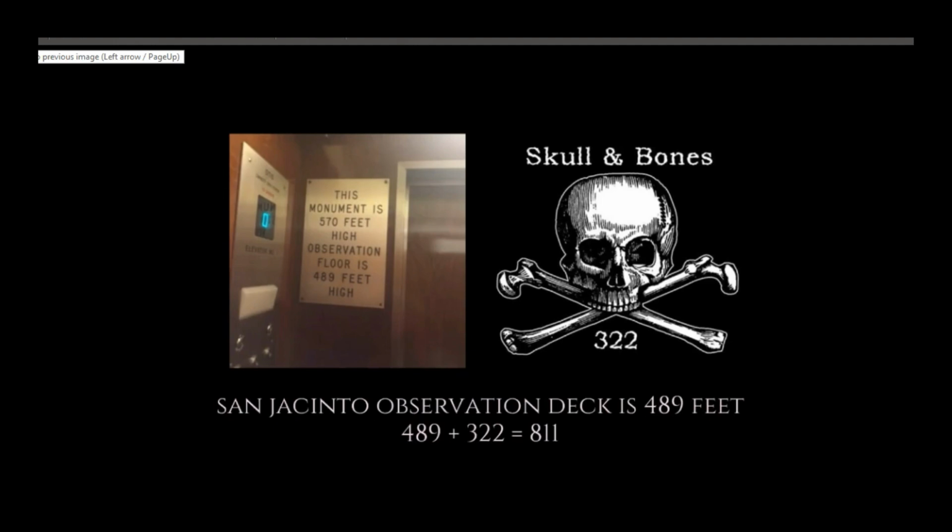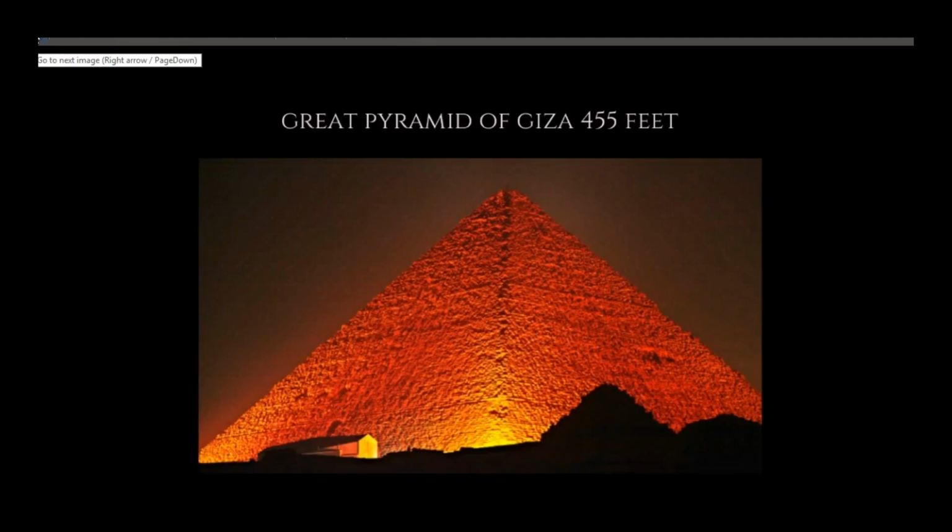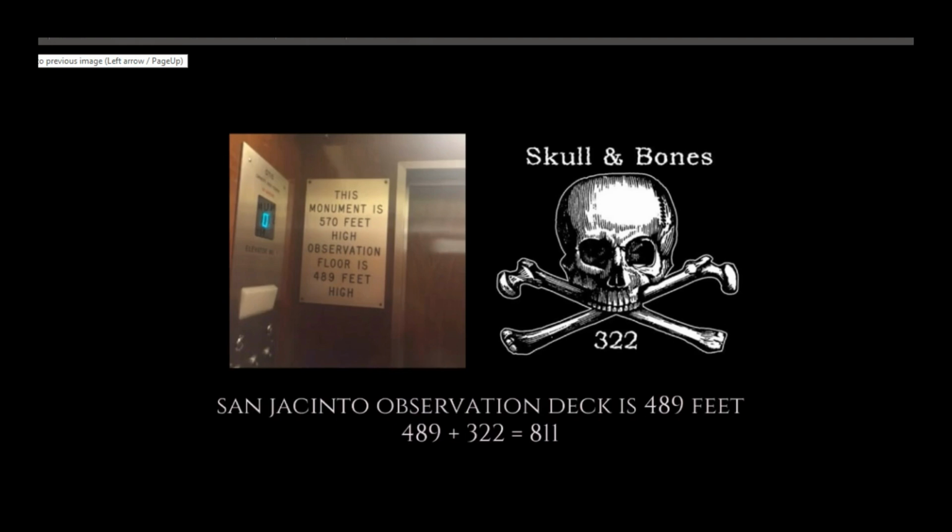We'll talk a little bit more about the... Oh, here, I'll show you this here. The observation deck on the monument is listed as 489 feet high, and the Skull and Bones connection is, if you add 489 plus 322, you get your 811 again.